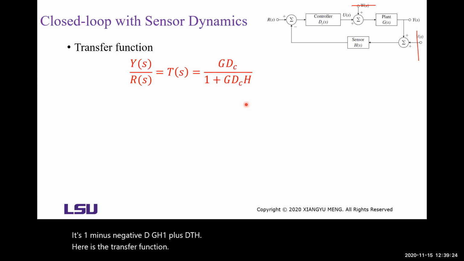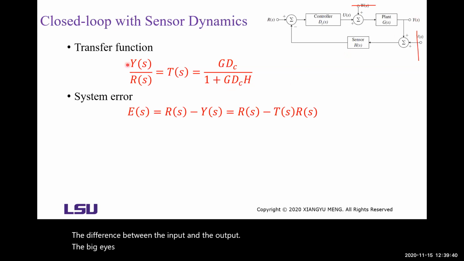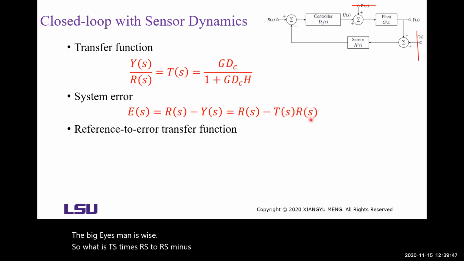Then we can calculate the error signal, the difference between the input and the output. It will be R(s) minus Y(s). Y(s) is T(s) times R(s), so R(s) minus T(s) R(s). Then we can obtain the transfer function from the reference input to the error.